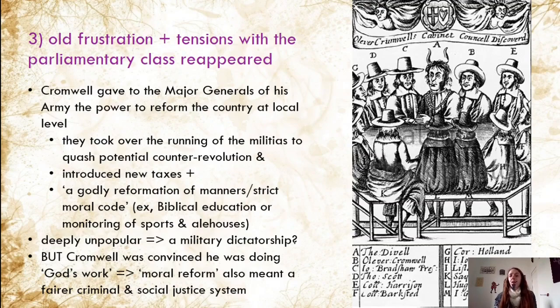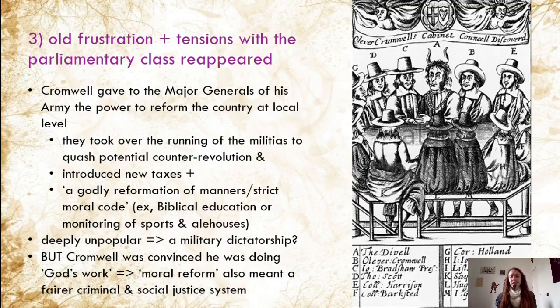There was a so-called godly reformation of manners, with a strict moral code to be enforced under Cromwell, with, for example, biblical education, or the monitoring of sports in ale houses, places that sold ale, which is a kind of beer. This was deeply unpopular and led people to wonder whether this was a sort of military dictatorship.